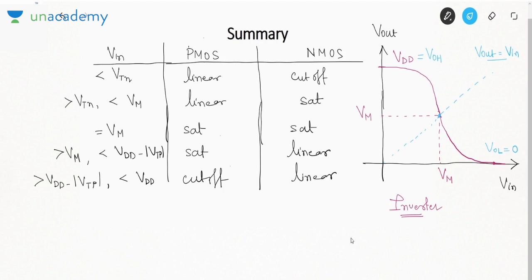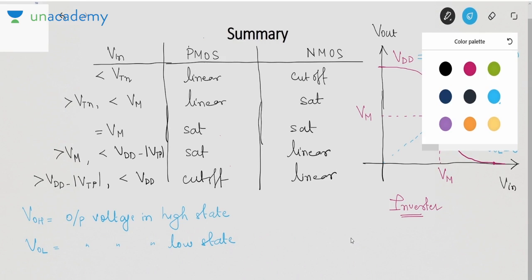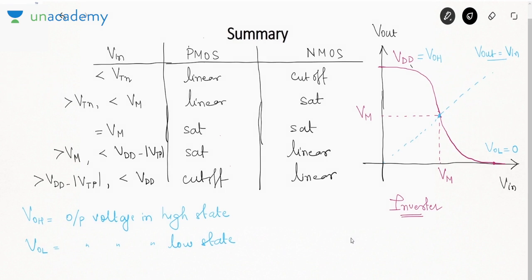This is called VOL. VOH, output voltage in high state. VOL, output voltage in low state. Now on this curve there are 2 points where the slope is -1. This slope is -1.